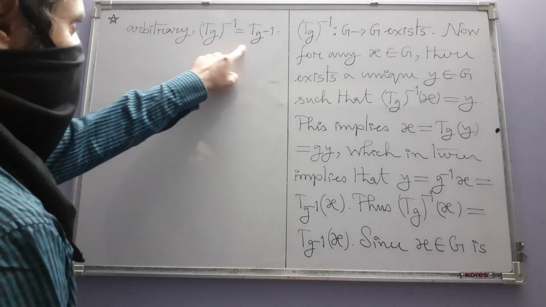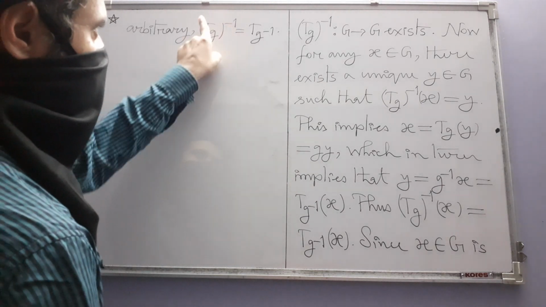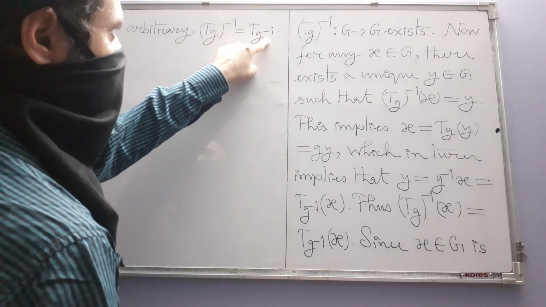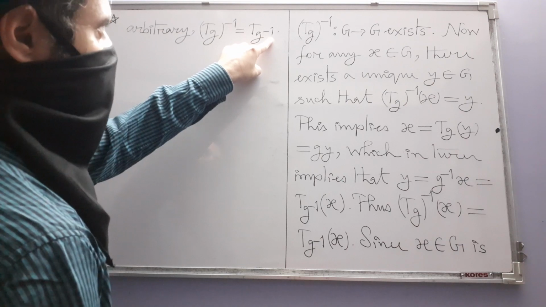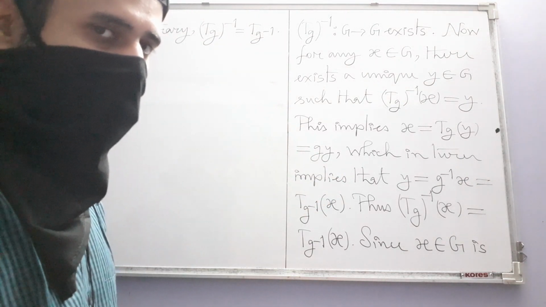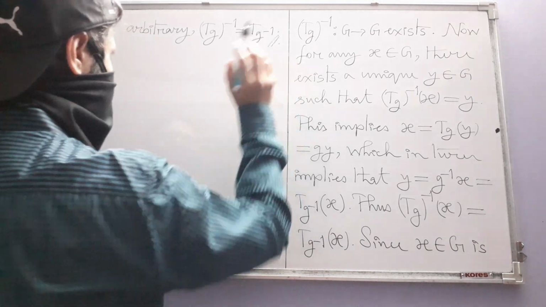How nice this one looks. This inverse, which is the inverse of a mapping, ultimately turns out to be this, and here this is the inverse of the original element. Okay, so that's the solution.